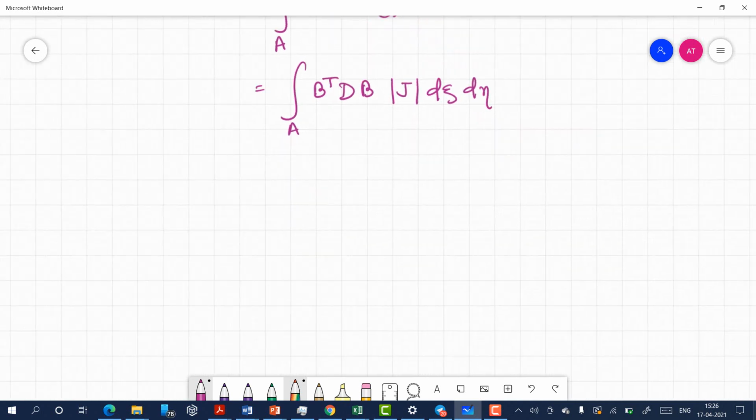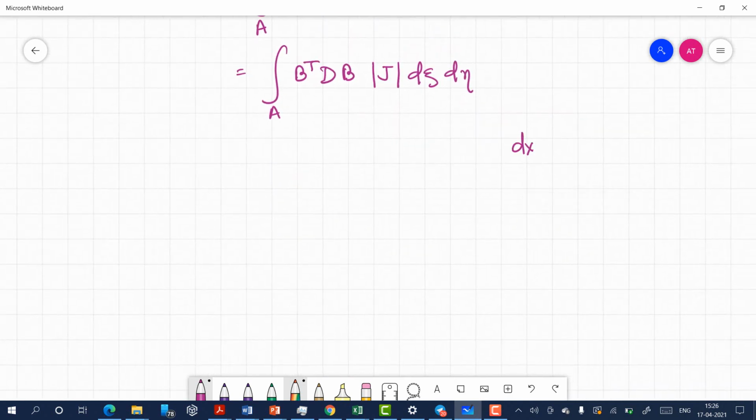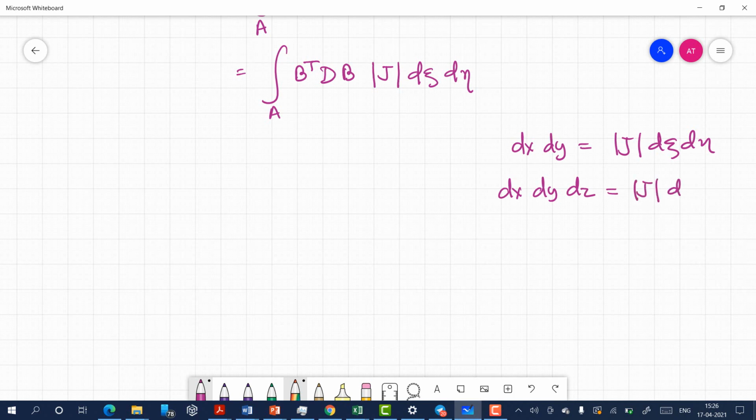So basically what I'm doing is I'm changing dx dy to determinant of J d zeta d eta. This is what I'm doing. If I have to find out the volume of a small element, then that in 3 dimension will be d zeta d eta d psi.